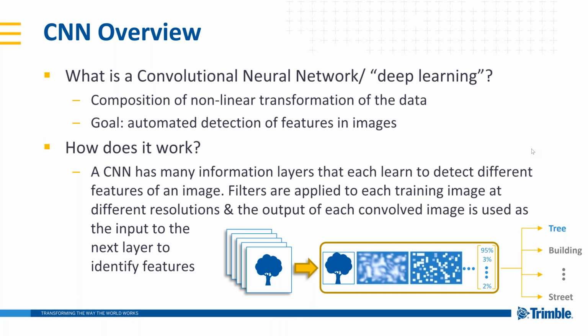Each learns to detect different features of an image, and various filters are applied to each training image at different resolutions, and the output of each of these convolved images is used as input into the next layer to identify various features in the image.